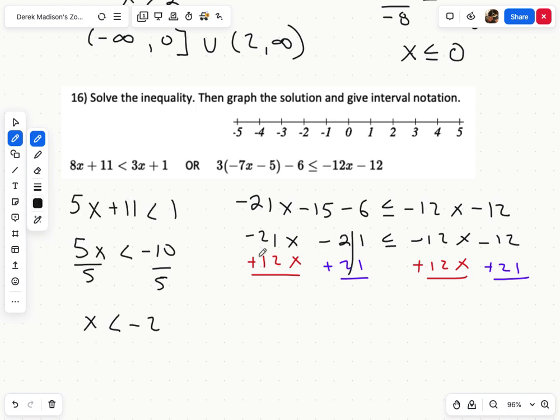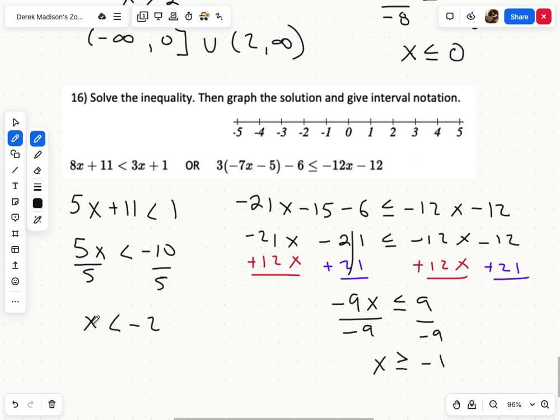So those cancel, and then negative 21 plus 12, that'd be 9x negative. And on this side, that's gone, and then negative 12 plus 21 will give me a positive 9 over here. This time I am dividing by a negative, so that's going to reverse the inequality. So it's going to be x is greater than or equal to negative 1.